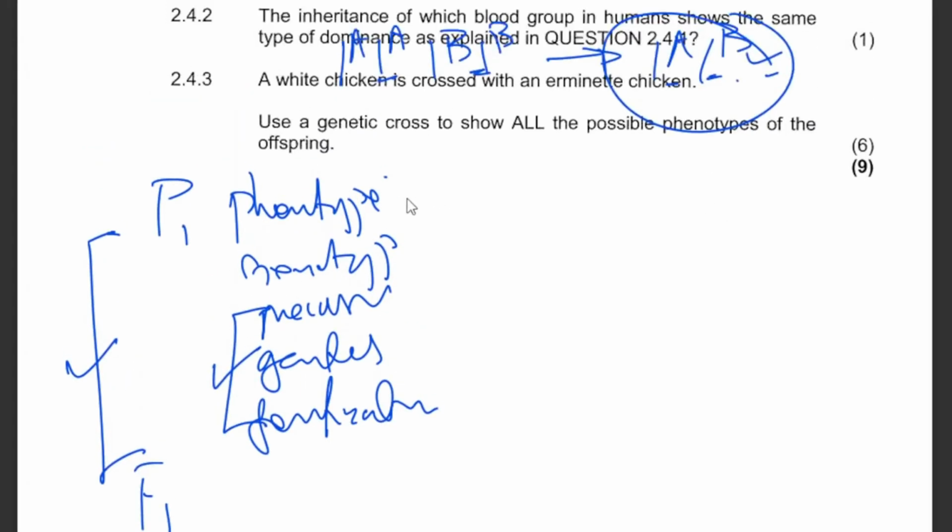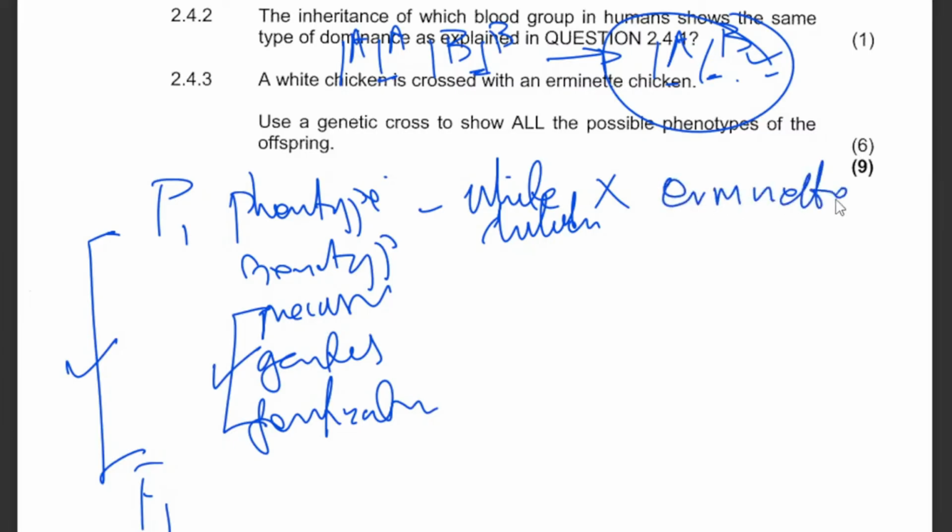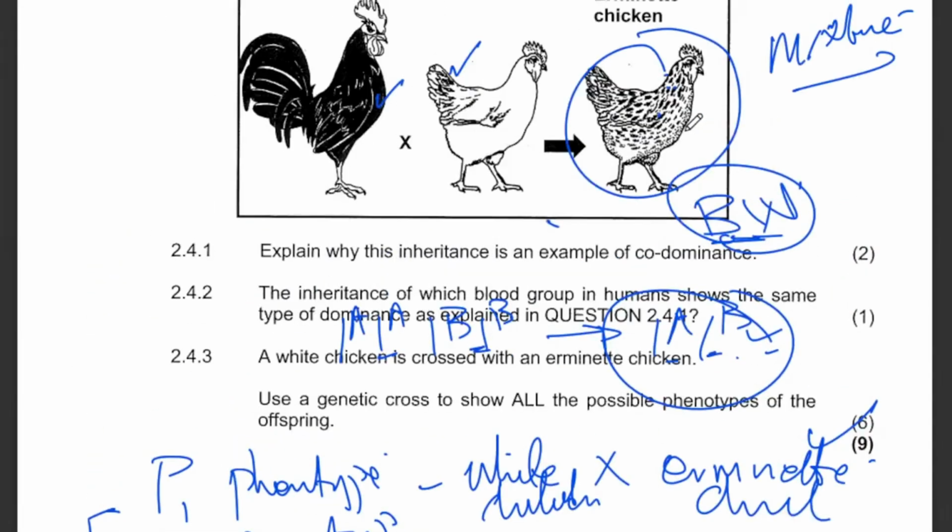For the phenotype, you go to the question, they say white chicken crossed with erminette chicken. That's another mark. You see, 3 marks. Now for the genotype, white is W, isn't it?